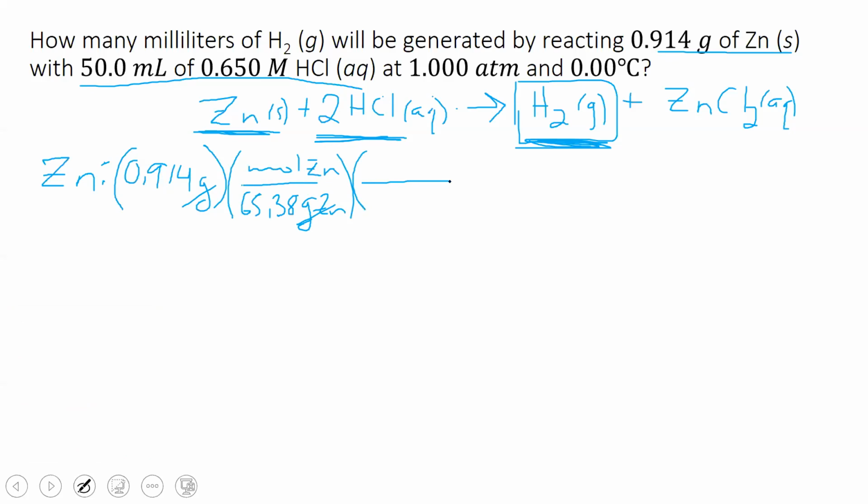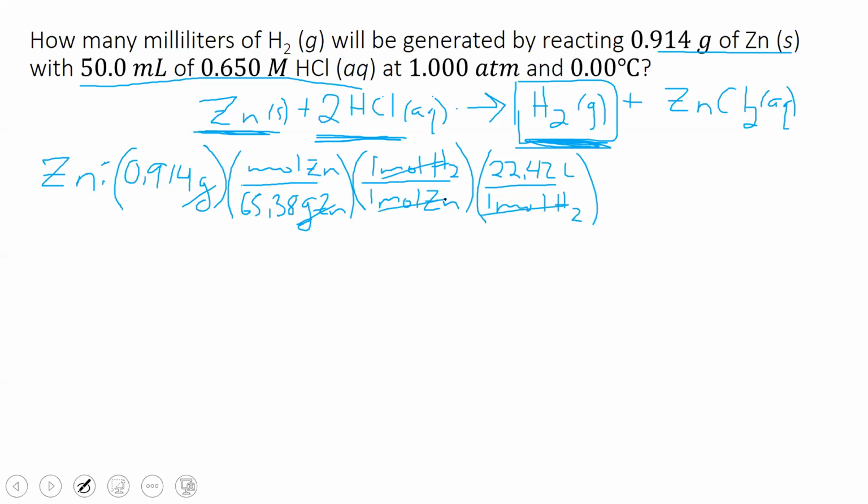Based on the mole ratio, for every 1 mole of zinc that we use, we get 1 mole of hydrogen. And based on the standard molar volume at STP, for every 1 mole of H2, we get 22.42 liters of H2.